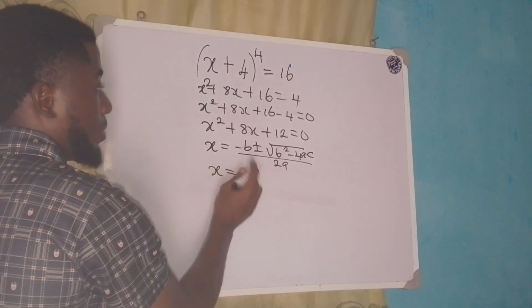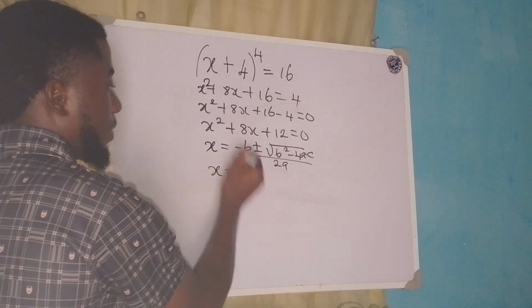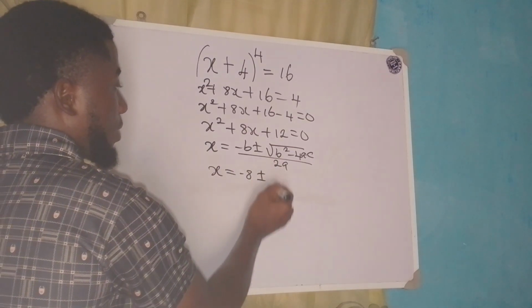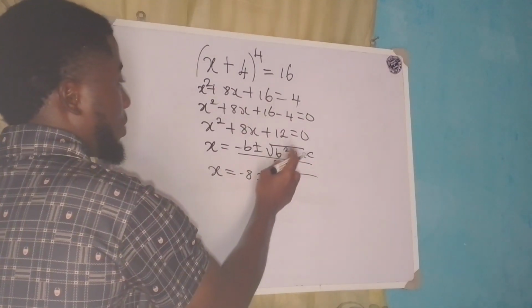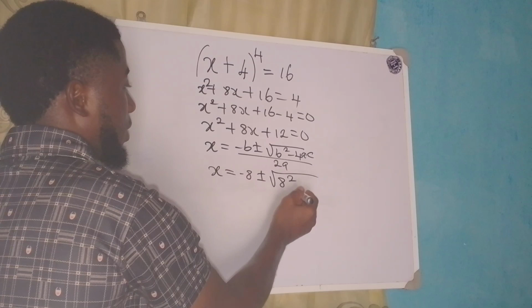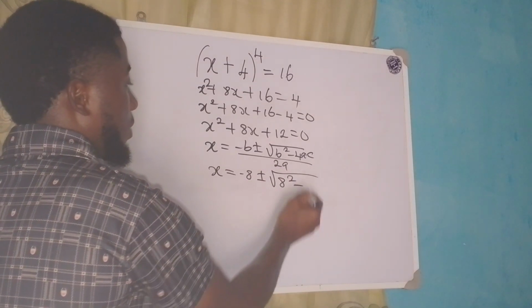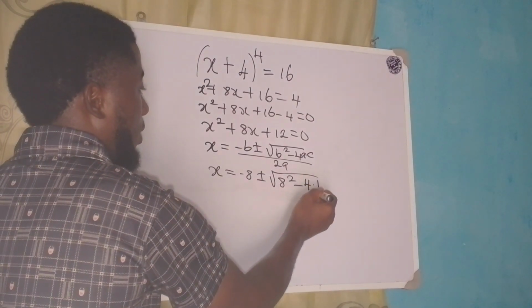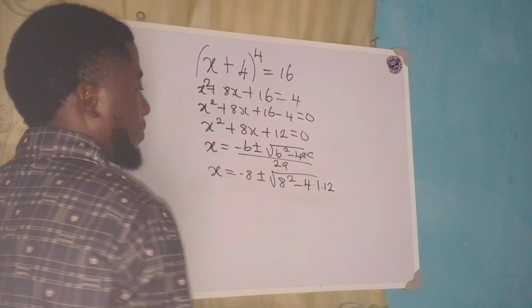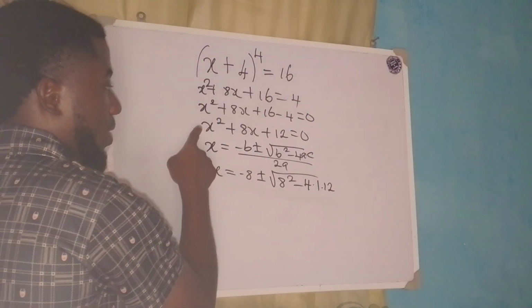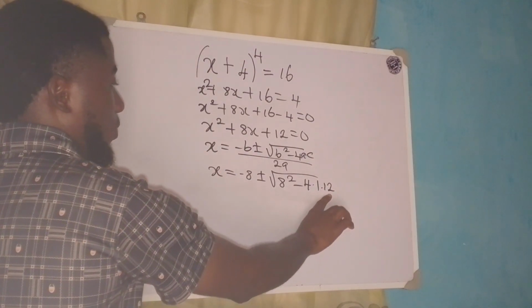Now x will be, in place of minus b, write minus 8. Then plus or minus, open this, b squared becomes 8 squared minus 4 times 1 times 12, right? Because a is 1 and c is 12.